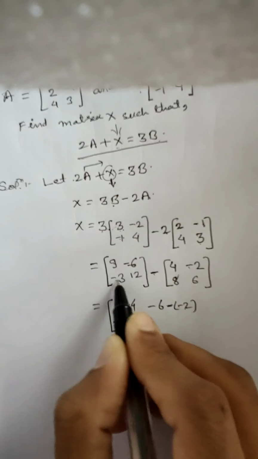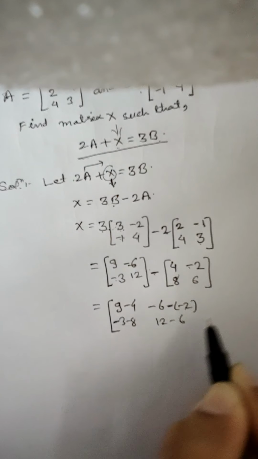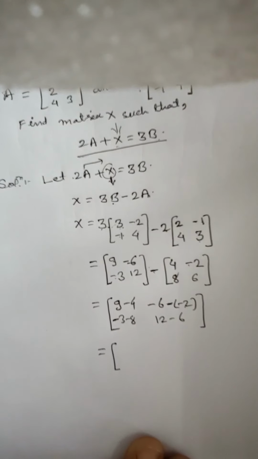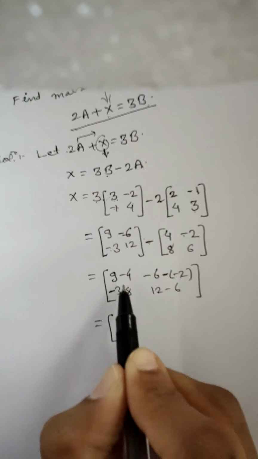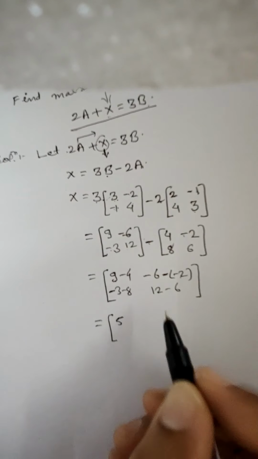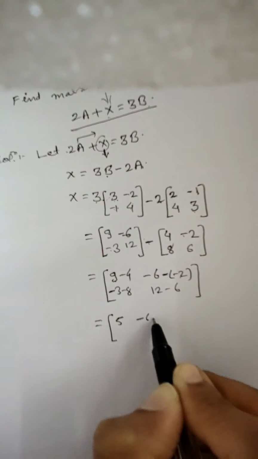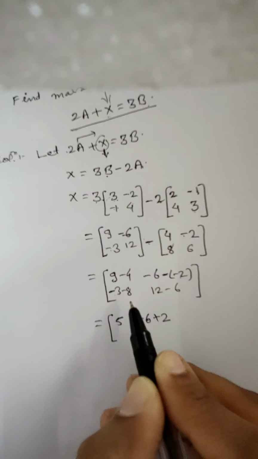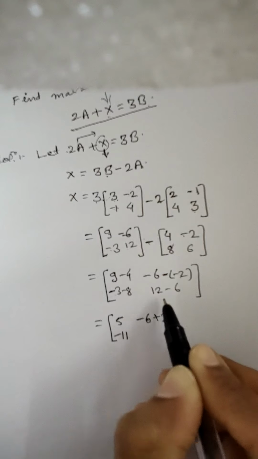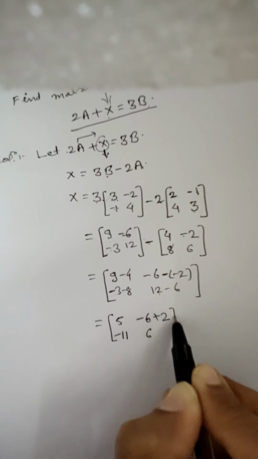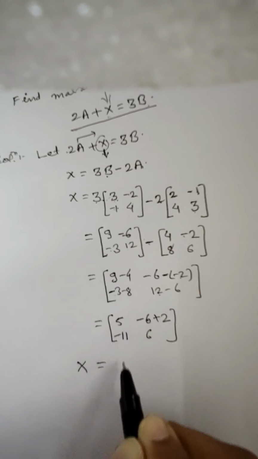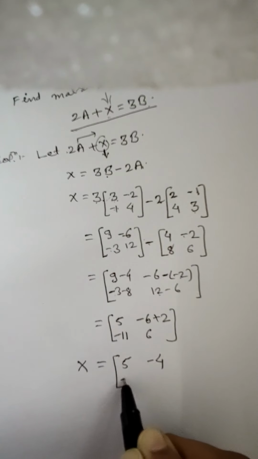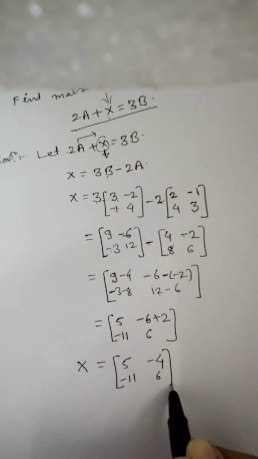Minus 3 minus 8 is -11, and 12 minus 6 is 6. So finally X I get as [5, -4; -11, 6].